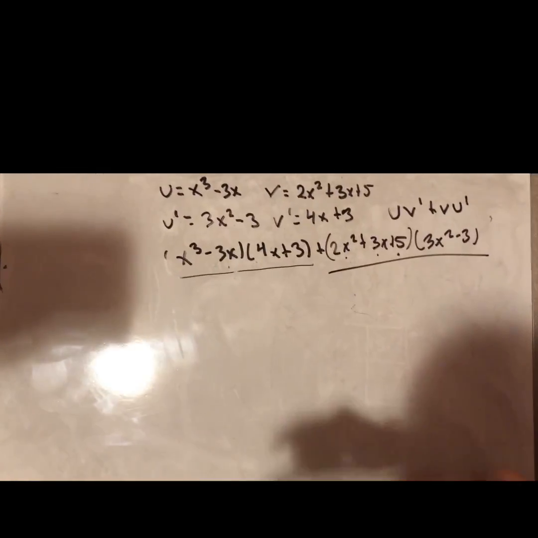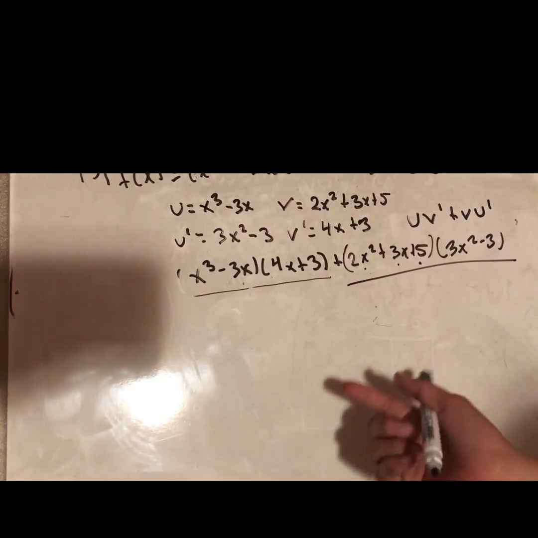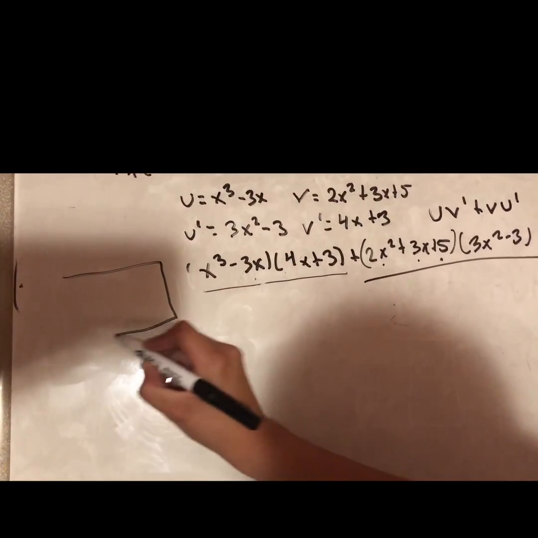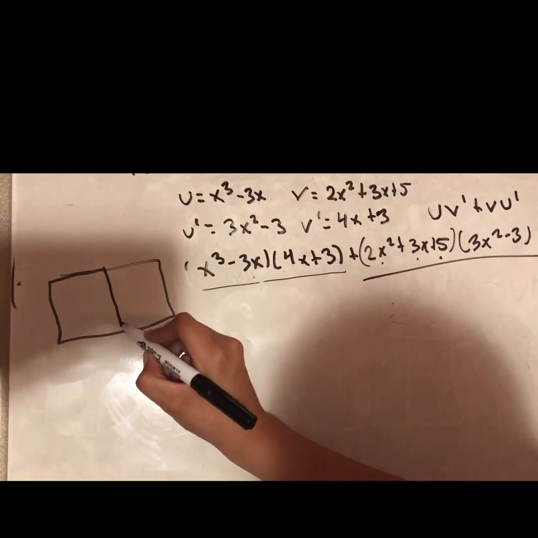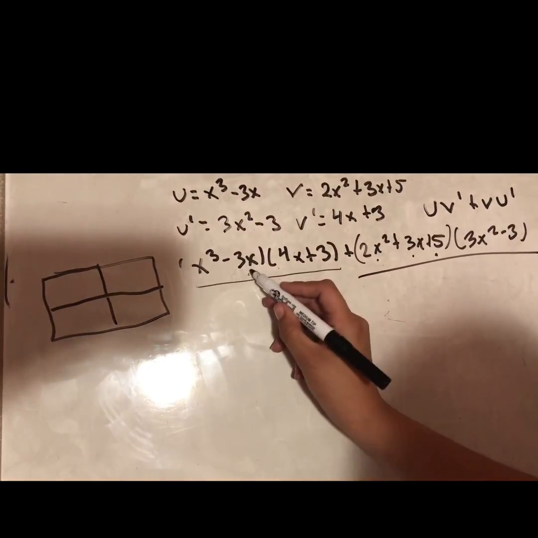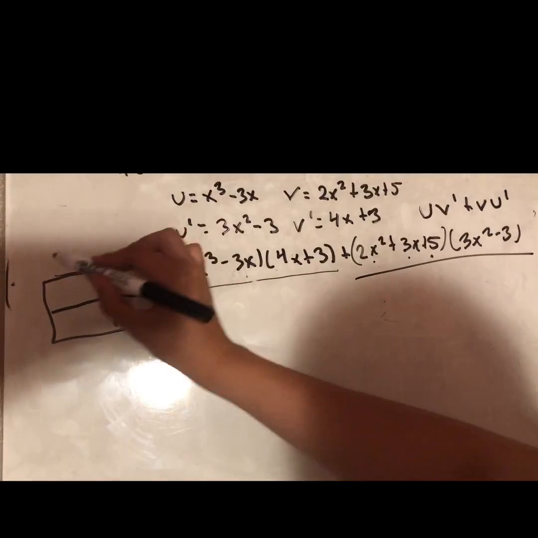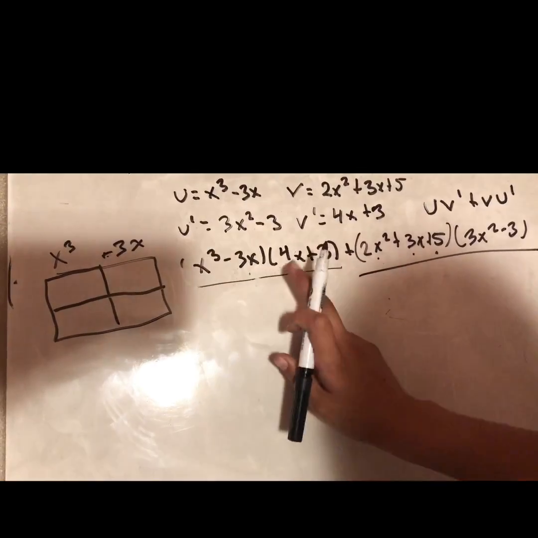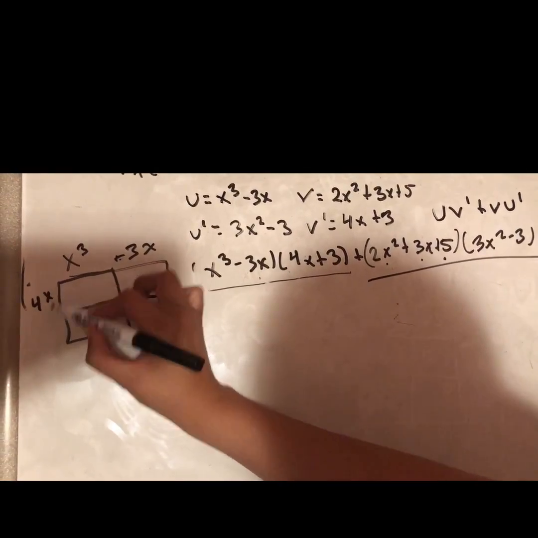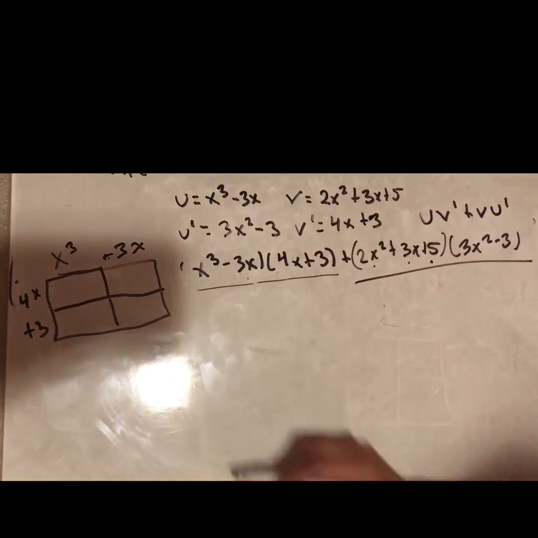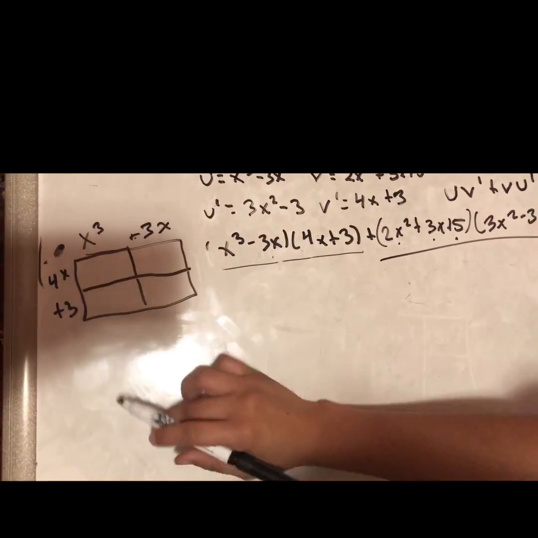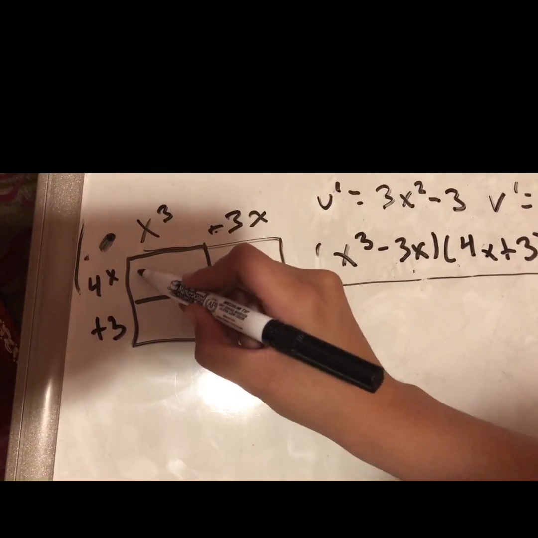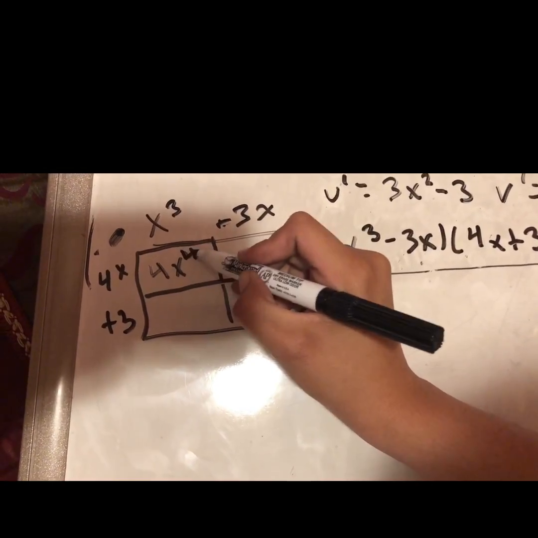Okay, and to multiply these two, instead of using the FOIL method, since I easily get confused, so you guys won't easily get confused, I would do the box method, which is where you do 4 squares. Since you have 4, you go x cubed plus negative 3x. You do the same to the other side, 4x plus 3. So now you put your multiplication sign, because you know you're going to multiply 4x and x cubed. When you multiply, you add the exponents, so it would be 4x to the power of 4.